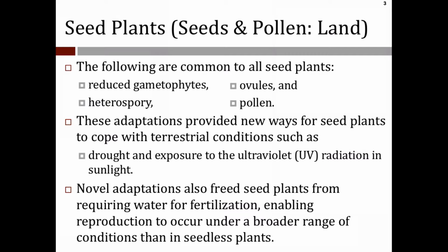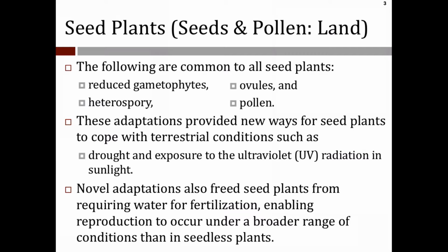So let's get into that introduction to seed plants. Please keep in mind that the seed plants still alternate between those two generations, that haploid gametophyte and that diploid sporophyte generation. But do keep in mind, as you all saw with the seedless vascular plants, the seed plants have a dominant multicellular sporophyte generation.